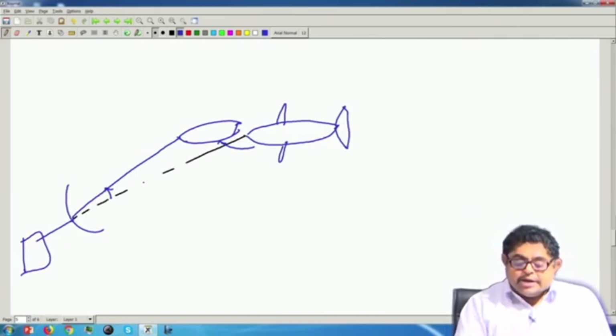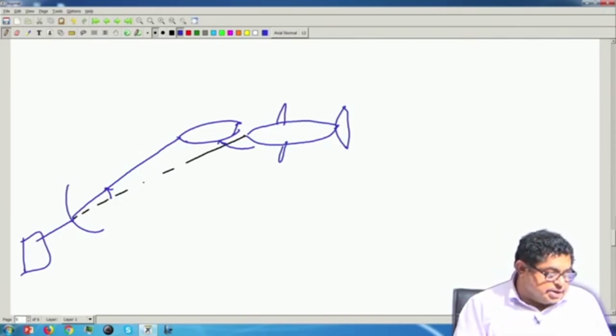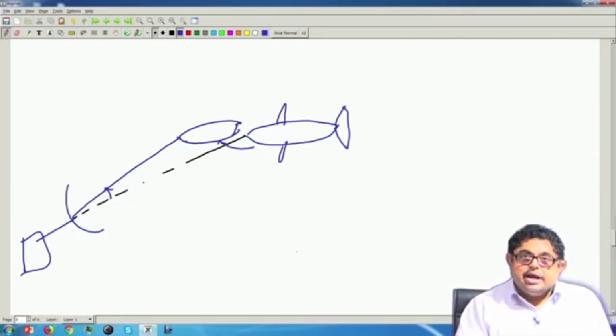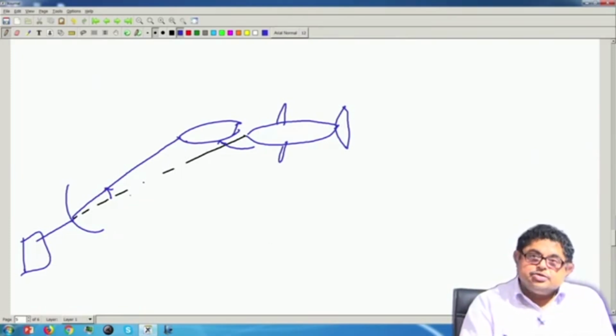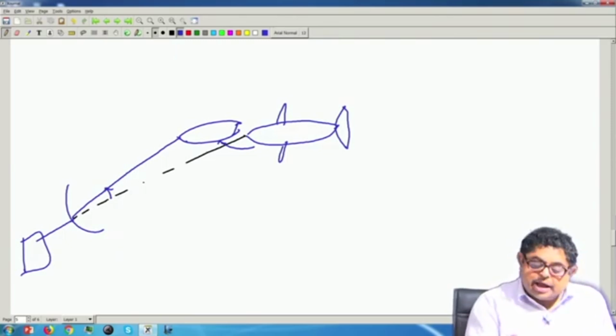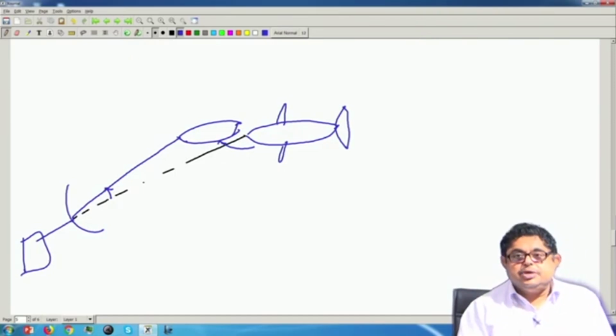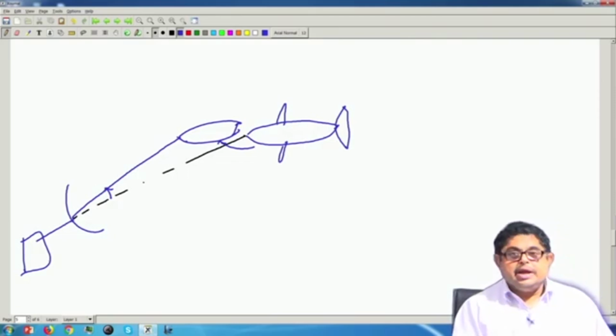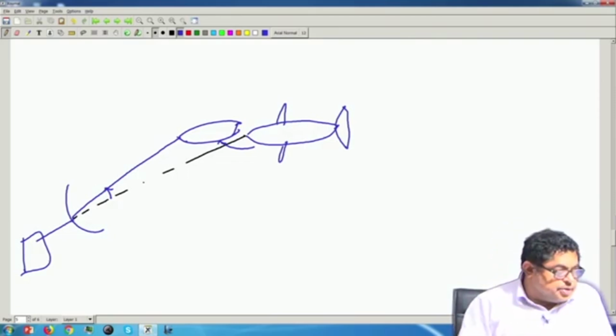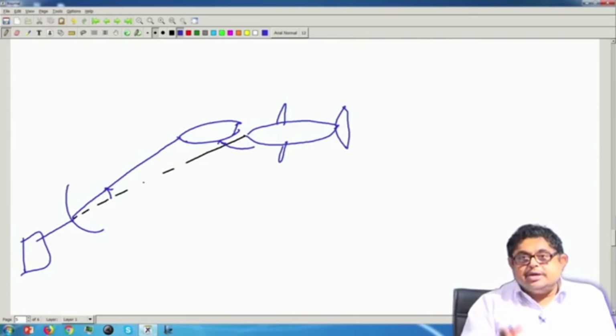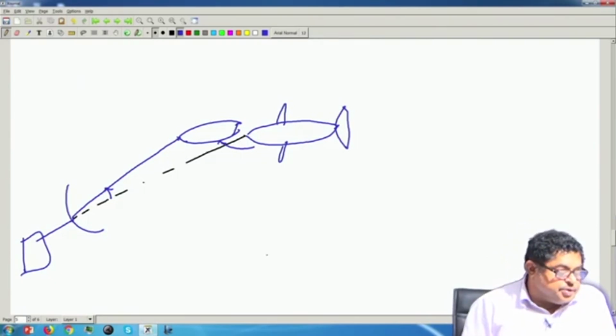So, this angle movement should be indicated by an error signal. How it is done we will discuss, but this error signal should be such that gradually, as the tracking radar moves in the indicated direction, the error signal should decrease. Finally, when the error is 0, that means the tracking radar is looking at the target precisely.